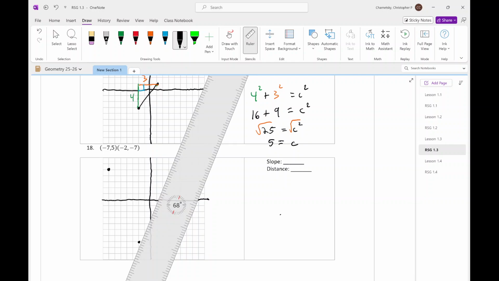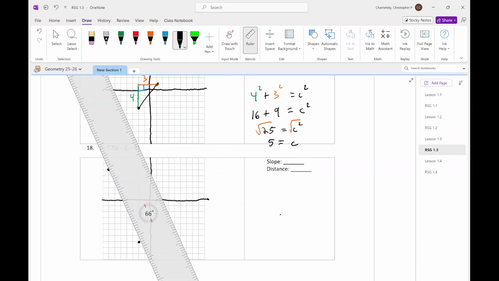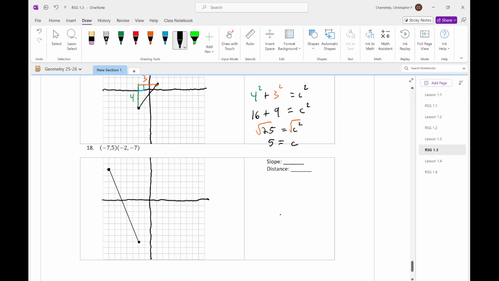Okay, I'm going to use my ruler to connect these dots because they're kind of far apart here. Okay, this has a negative slope, so we are going down 1, 2, 3, 4. And then, no, sorry, down 5.